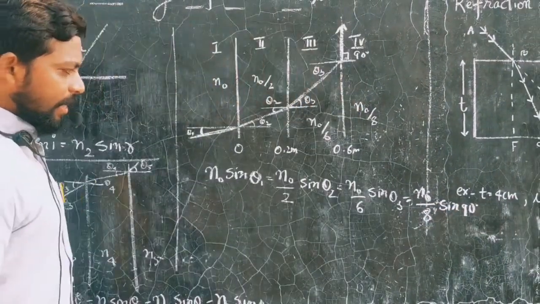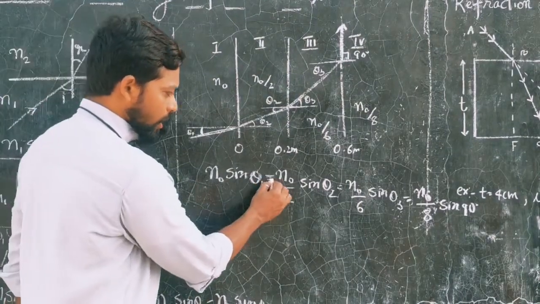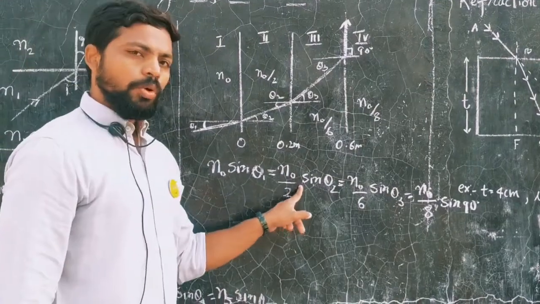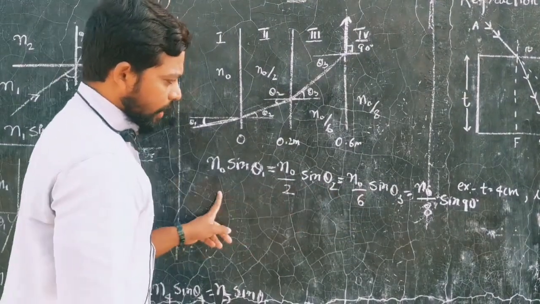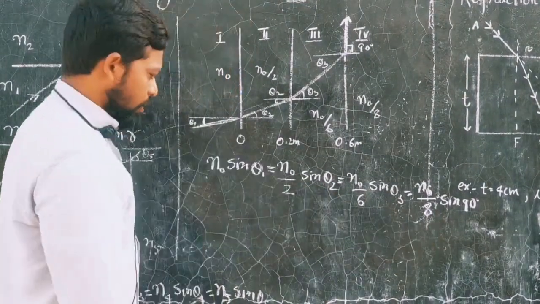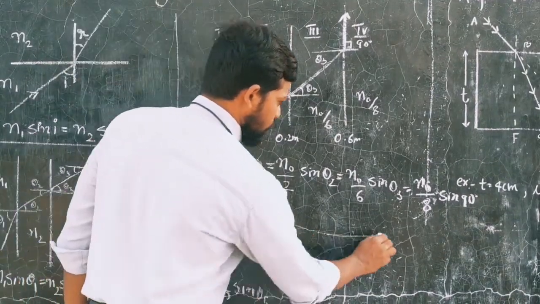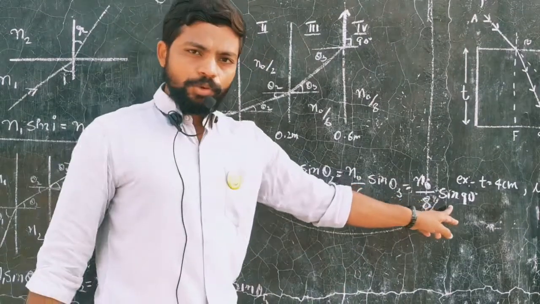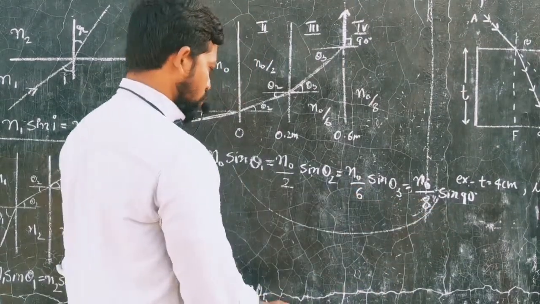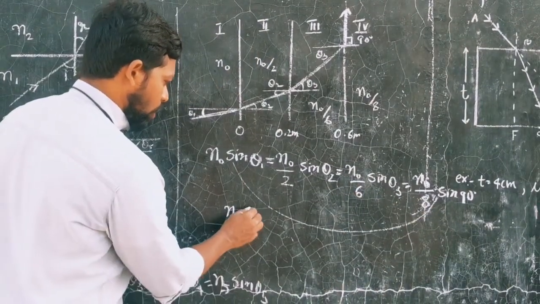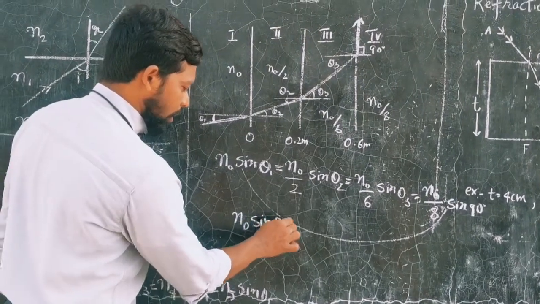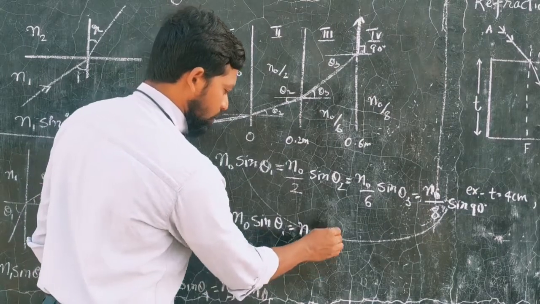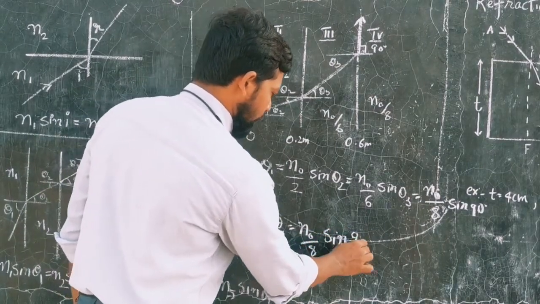Now you can clearly see that these are all equal to each other. That means I can equate these two, or these two, or these two. So I would equate this one and this one because I know this value: sin 90 is 1. So n0 sin theta 1 is equal to n0 by 8 sin 90.